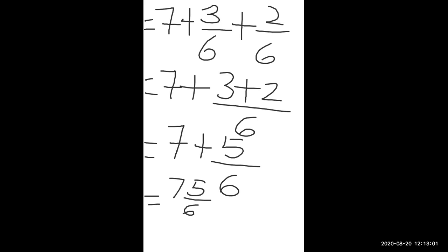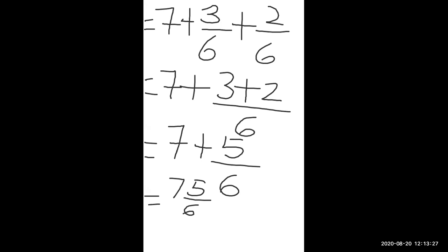If the denominator is not equal, you have to make it equal by cross multiplying. Then after making the denominator equal, you take that common denominator and keep the integral part as it is, so that you get 7 plus 3 upon 6 plus 2 upon 6.